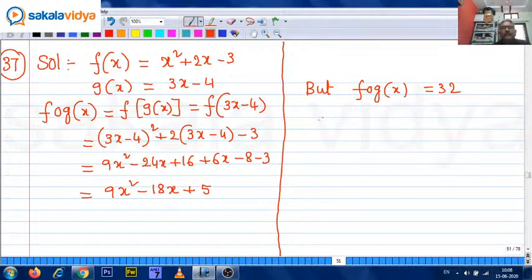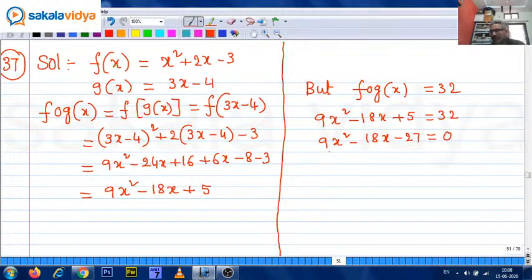Now 9x square minus 18x plus 5 equals 32. So 9x square minus 18x minus 27 equals 0. Because 9 is a multiple of 9, 18 is also a multiple of 9, and 27 is also a multiple of 9, divide by 9. You get x square minus 2x minus 3 equals 0. Easily we can factorize it.